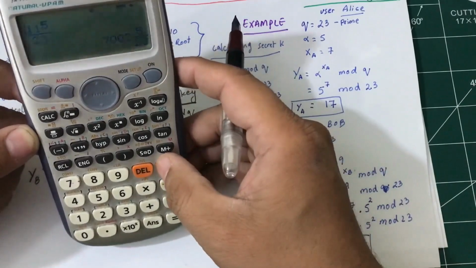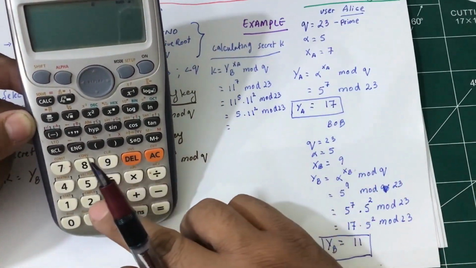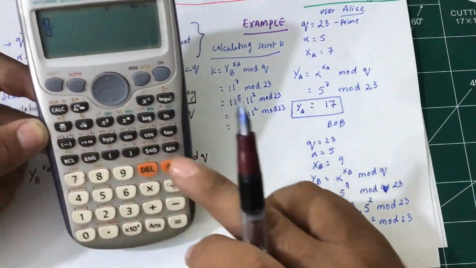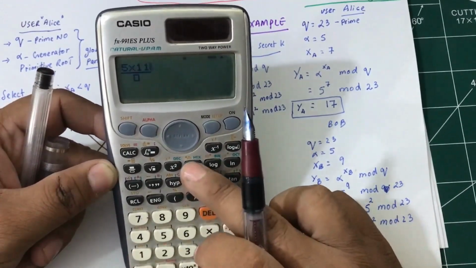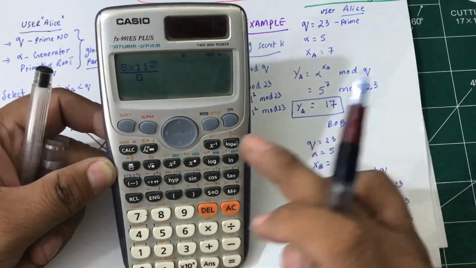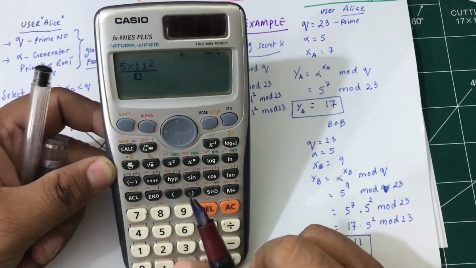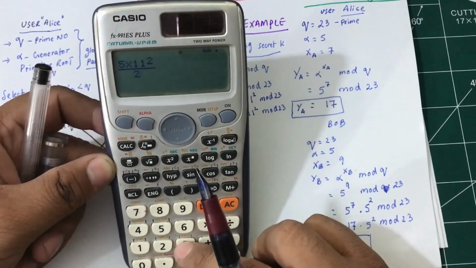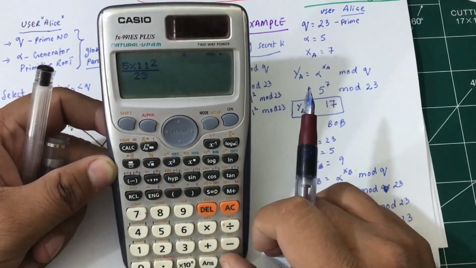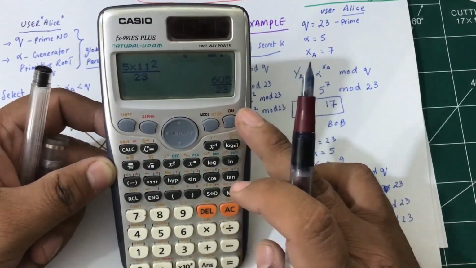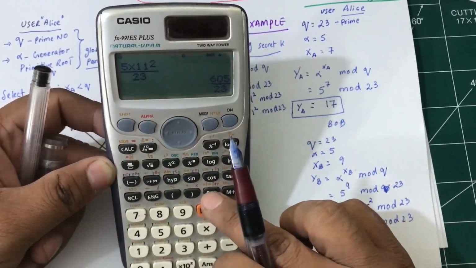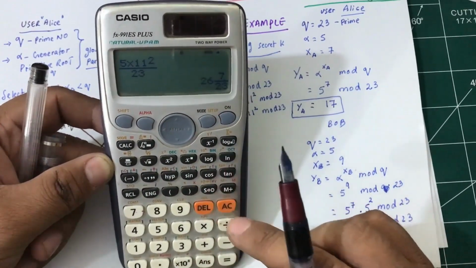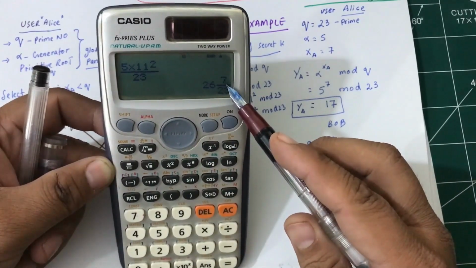Okay, so now let's do this. So this is 5. So I'm going to bring out my fraction. This is 5 multiplied by 11 raised to 2, which is 121. I don't need to write it, but I'm just writing it anyhow. So you can see that you can do it in your calculator. Then hit enter. I get 605 divided by 23. So I can just press shift and SD button, and I'll get a remainder of 7.